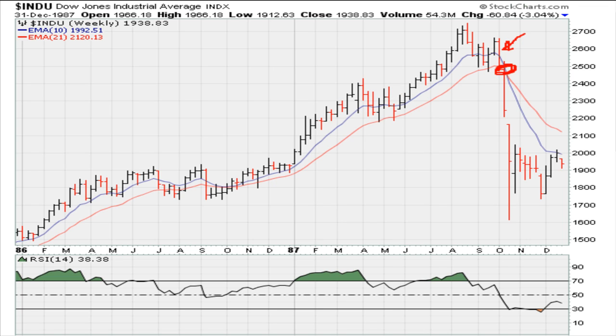So this example shows that the crossover, the break of this level, and the bending of the 10-week moving average were warning signs that something was looming. Remember, I'm doing this in hindsight. It's easier for me to say it looks obvious. Of course it wasn't, but at least the charts don't lie.